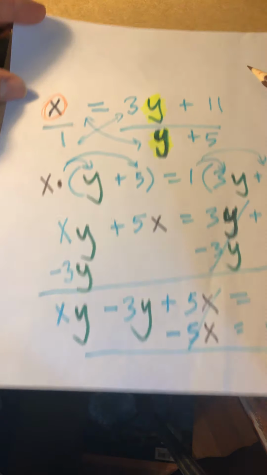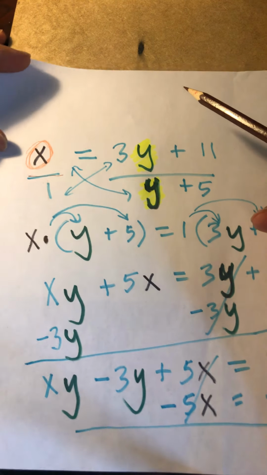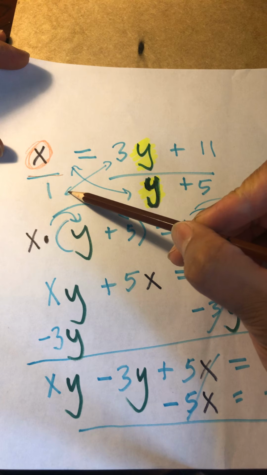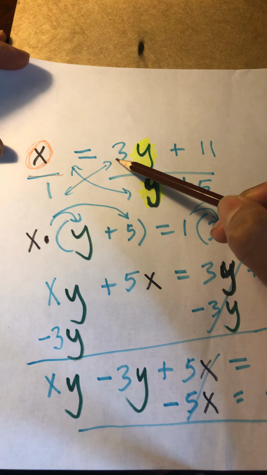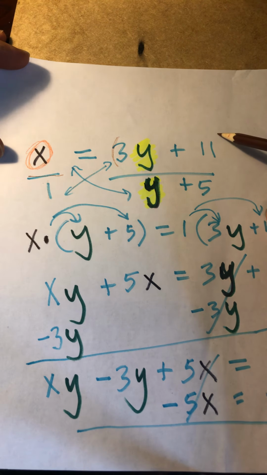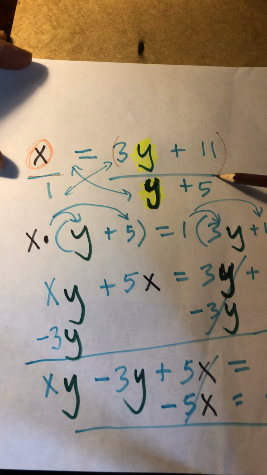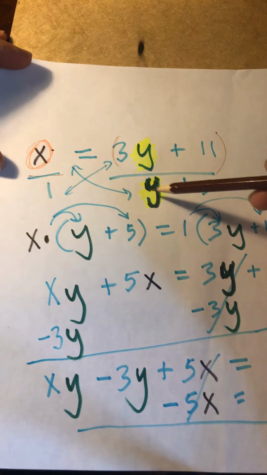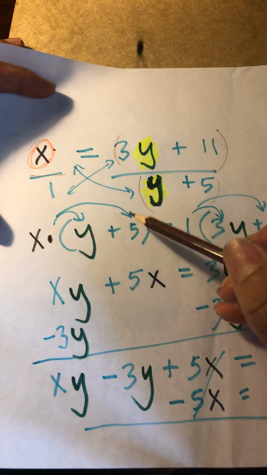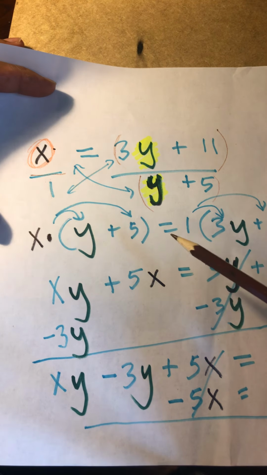What I want to do now is cross multiply. So I cross multiply 1 times 3y plus 11, and I'm multiplying x by y plus 5. All right, so let's just do the y first, because what I really want is the y on the left.